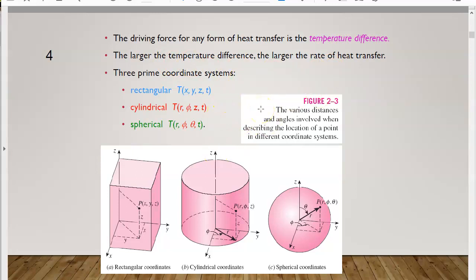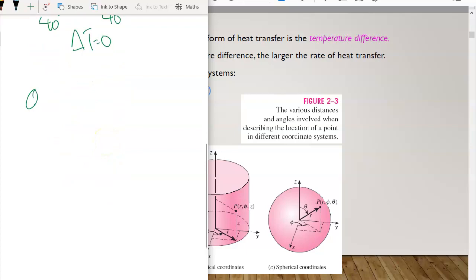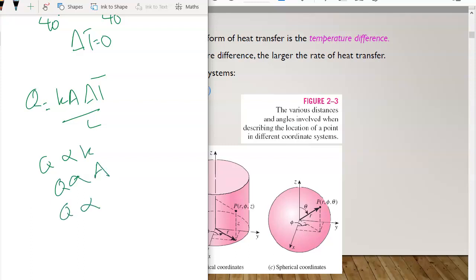This can also be seen from the formula Q dot equal to kA delta T over L. As you can see, Q is proportional to k, proportional to area A, proportional to temperature difference delta T, and inversely proportional to L. So when Q is high, k is also high; when this is low, this is also low, because it is directly proportional.